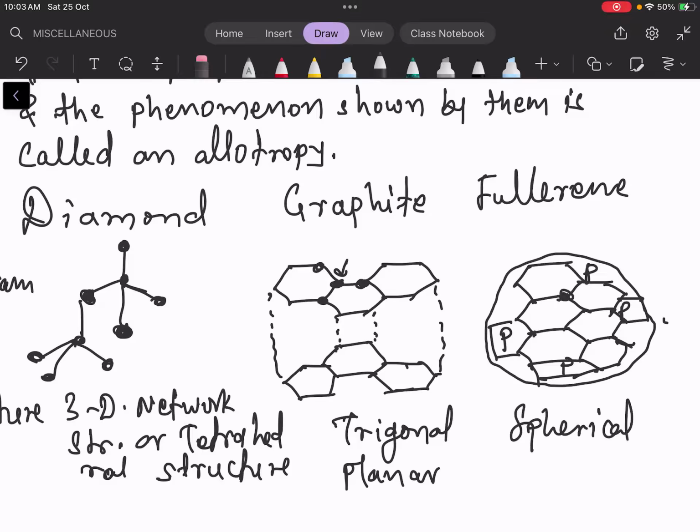In this case also, every carbon is attached to three other carbons.